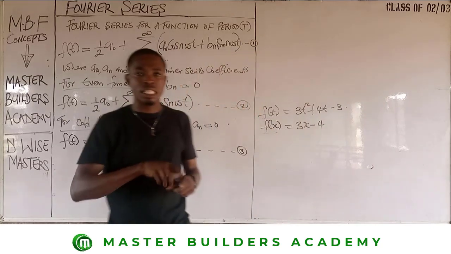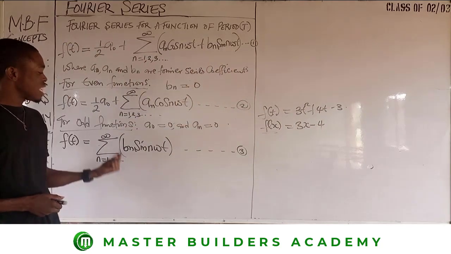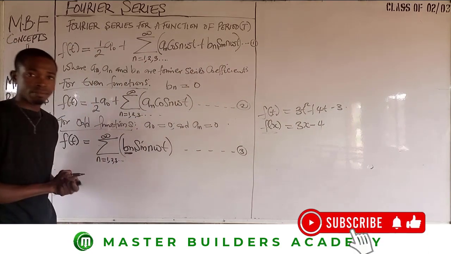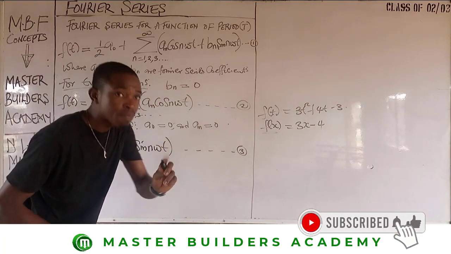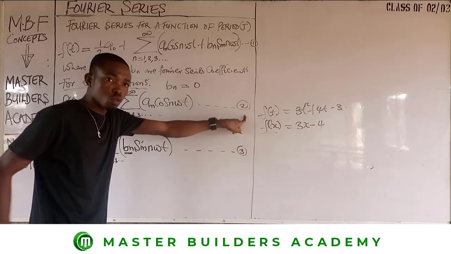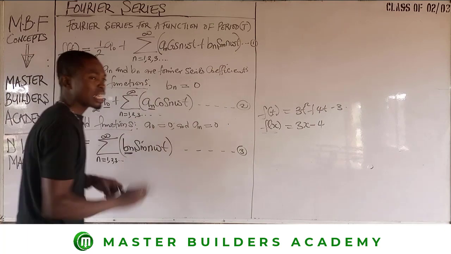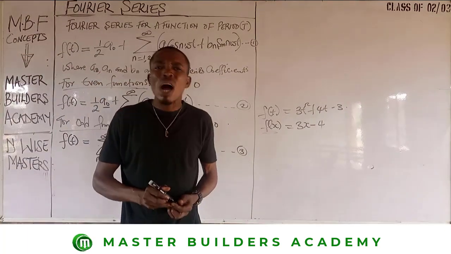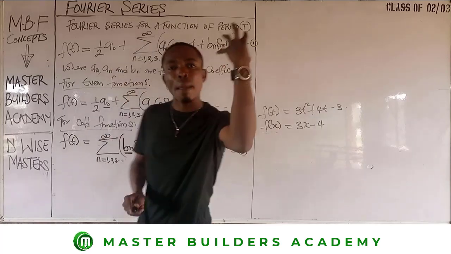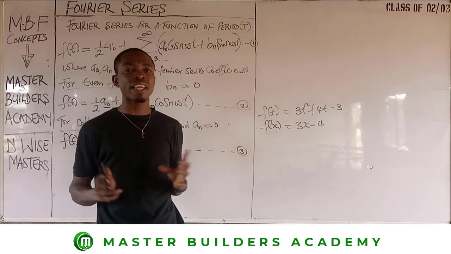If I am to find a Fourier series using equation 3, the only thing I need to calculate is Bn. If I am to calculate a Fourier series using equation 2, then the only things I need to calculate are a naught and an. Now the question is, how do I calculate a naught, an, and bn? Remember that they are the Fourier series coefficients, and these are the only things that you calculate.